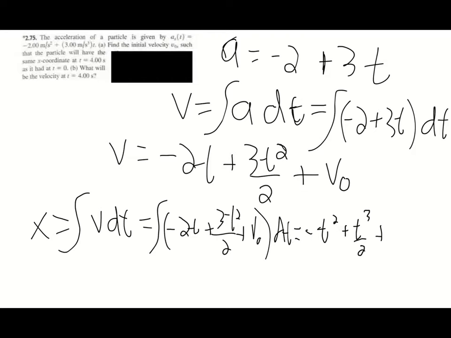Okay. Plus v naught t plus x naught. Again, as a constant, and that constant is going to be the initial position this time. So now we have two expressions. We're going to have to figure out a way to set those two equal, so at t equals 4, we get the same value we got at t equals 0.